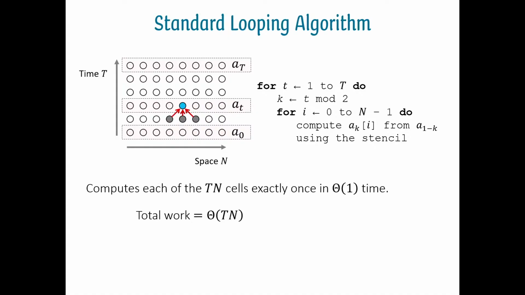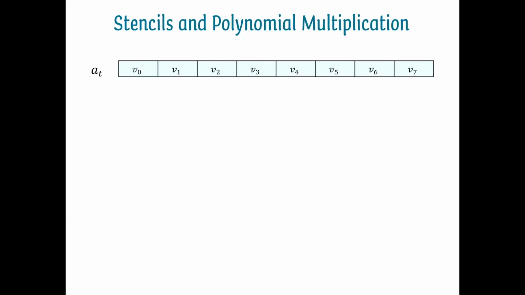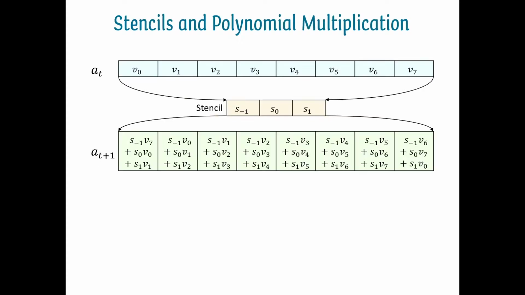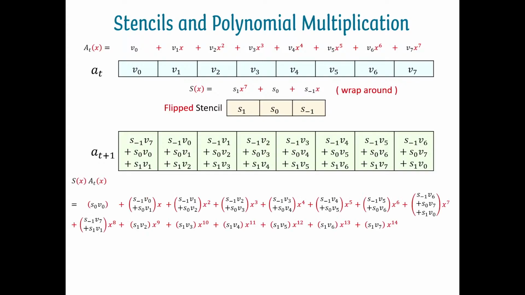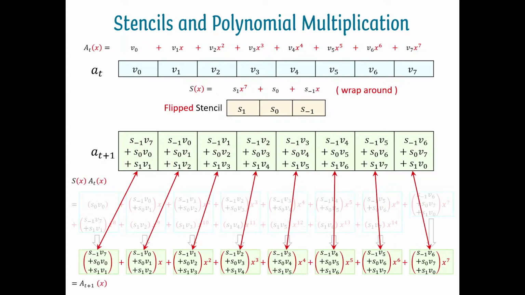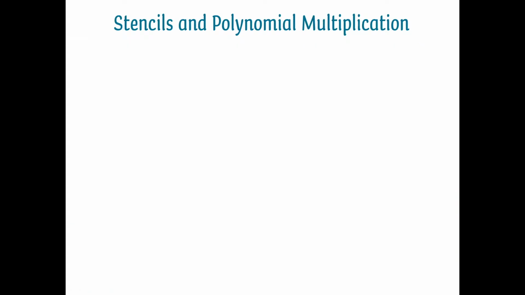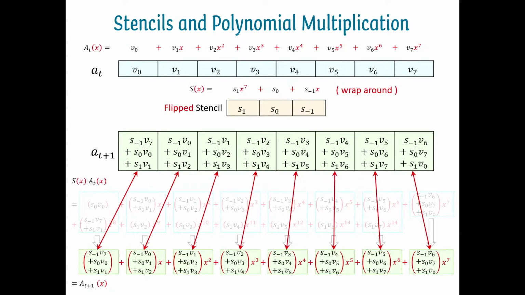And what we can show, I will not go into this, is that if I give you an input grid and a stencil, you can represent both the input grid and the stencil as polynomials in coefficient form. The output will be just the product of those two polynomials.